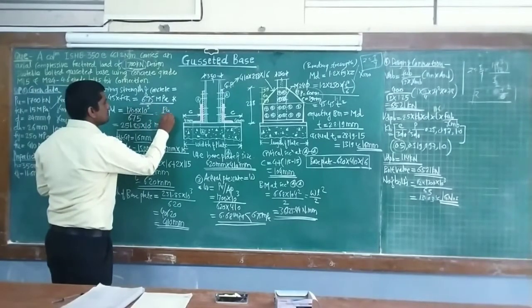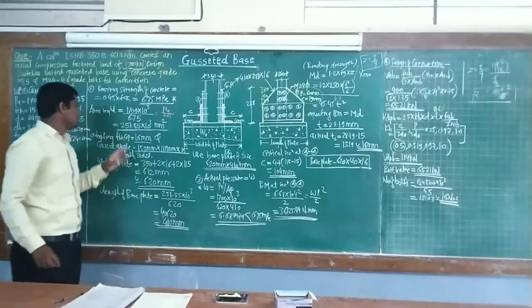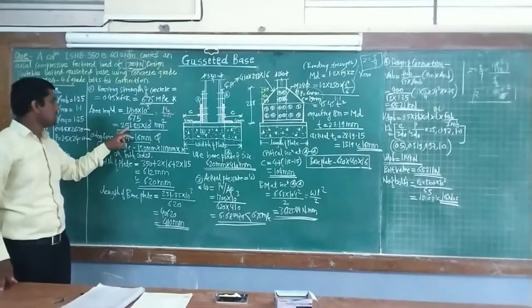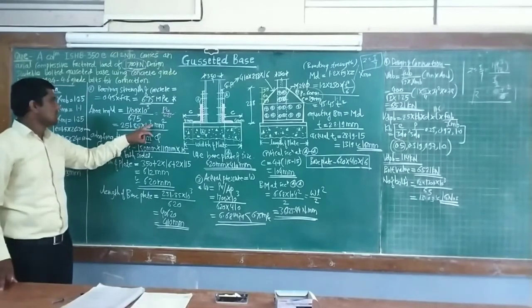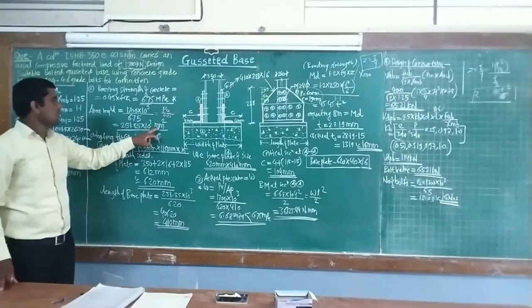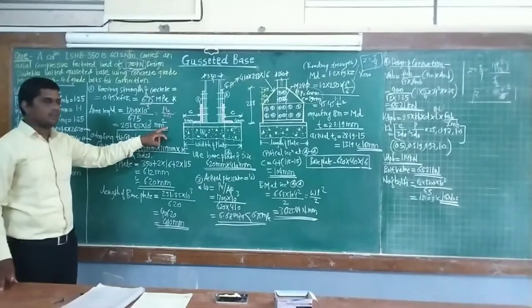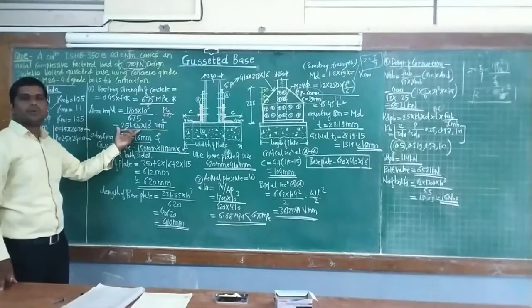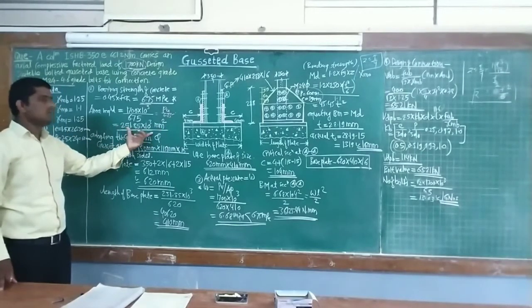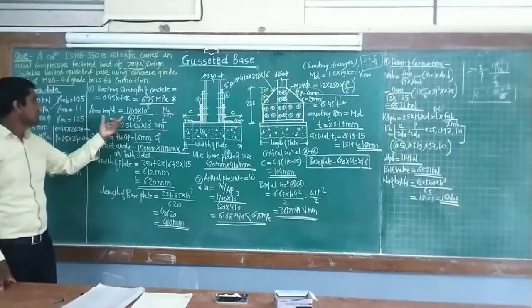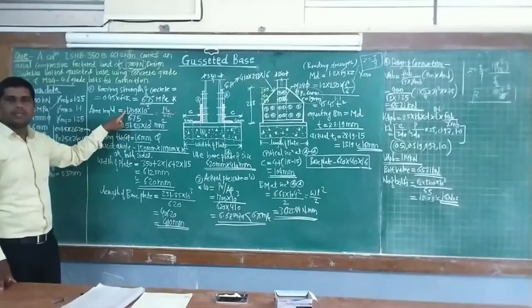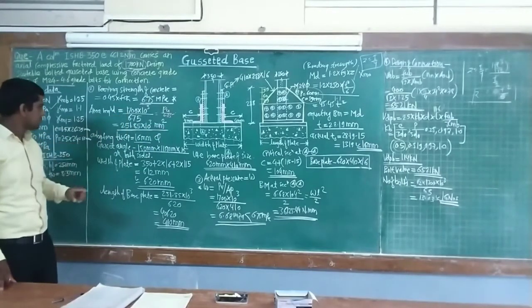The answer will be 251.85 into 10 to the power 3 mm square area required for this load of 1700 kilonewton.